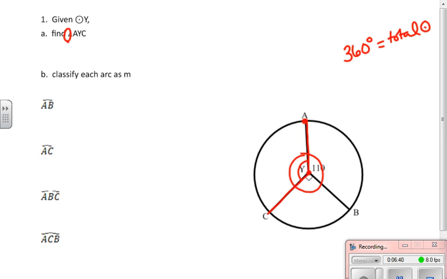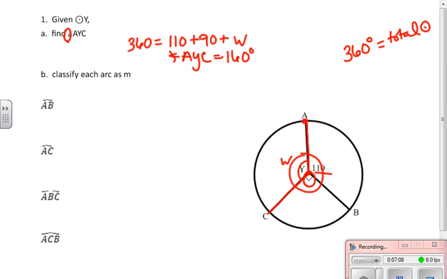And so in this situation, I have 360 degrees equal to 110 plus 90 plus the angle I don't know. When you work that out, we end up with angle AYC being equal to 160 degrees.